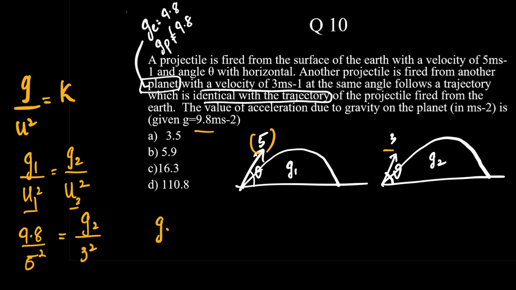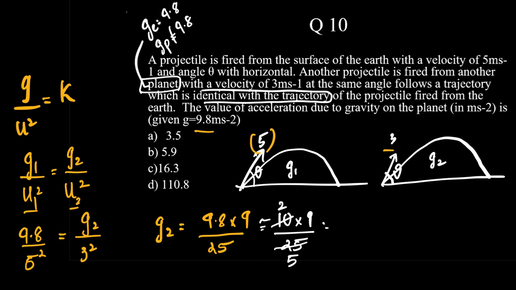So g2 is equal to 9.8 into 9 upon 25. For ease of calculation, I'm going to consider 9.8 roughly equal to 10. So we get 10 into 9 by 25. 5 fives are 25, 5 twos are 10, so this is 18 by 5. 5 threes are 15, 18 minus 15 is 3, so 3.6, close to 3.5, which is option A.